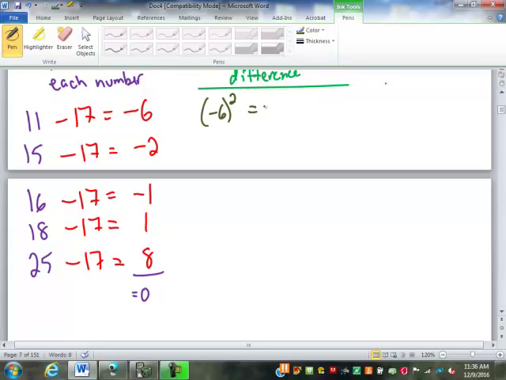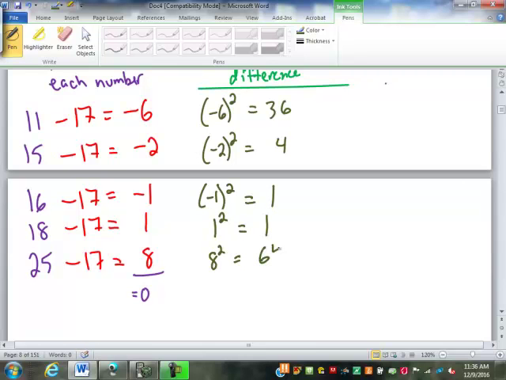Any number squared has to be positive. -6 squared is a positive 36. So make sure you put that in parentheses. -2 squared is a positive 4. -1 squared is 1. Positive 1 squared is 1. And 8 squared is 64.